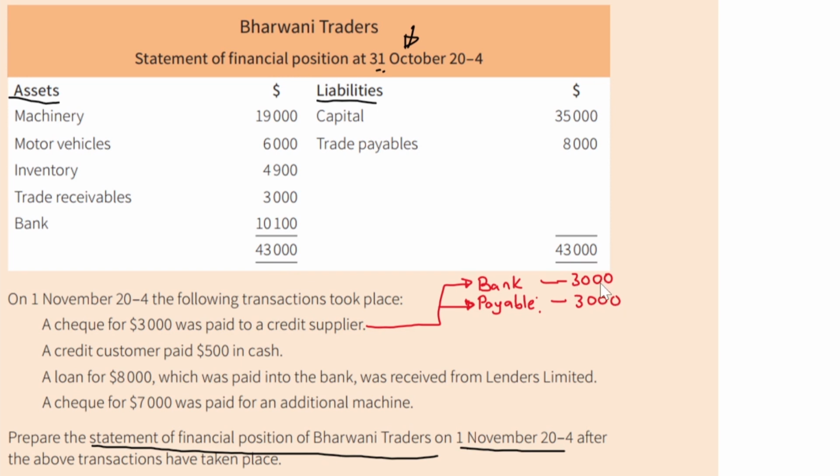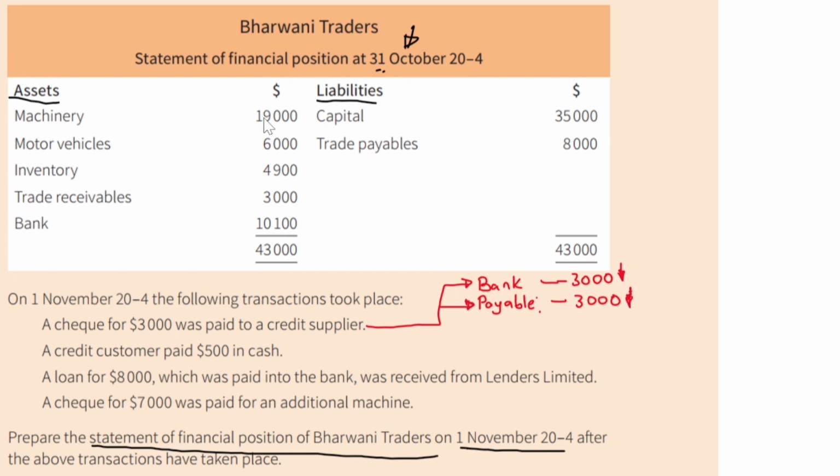Since we paid, the bank is reducing. I'll put a downward arrow to show that it's reducing, and the payable is also going to reduce. In other words, this person's account in our books showed that we owed them 3,000, so if we pay them the 3,000, their account is also going to reduce.